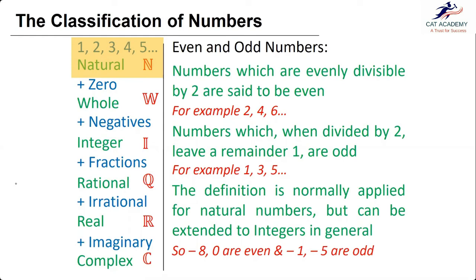That is like -1, -3, -5 are odd, and -2, -4, -6, -8 are even. The definition can be extended, but by default, the definition is only for natural numbers. We extend it as per our convenience. Okay?